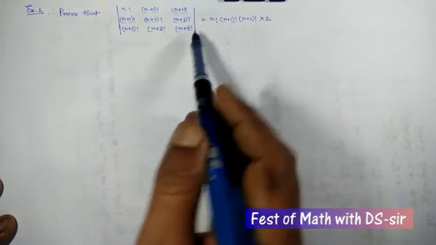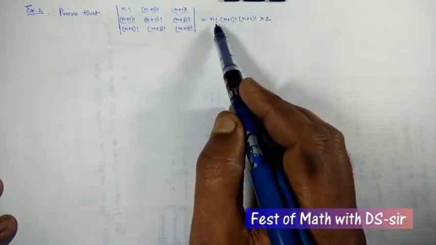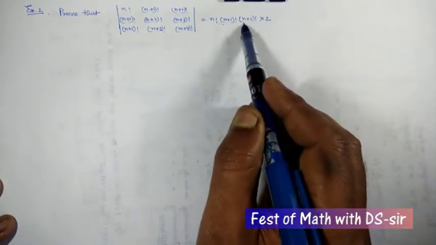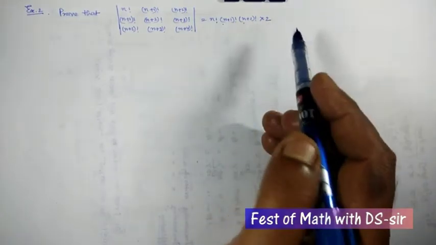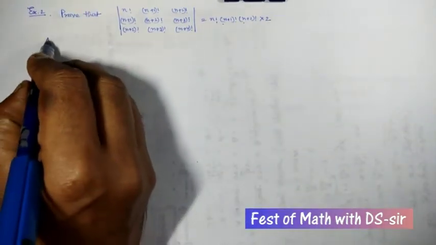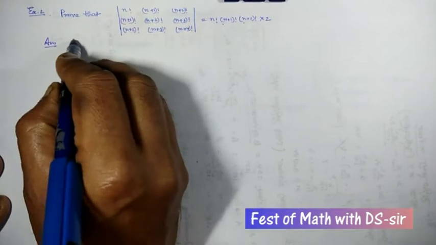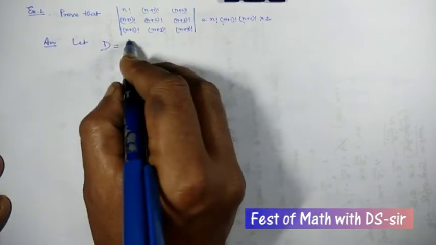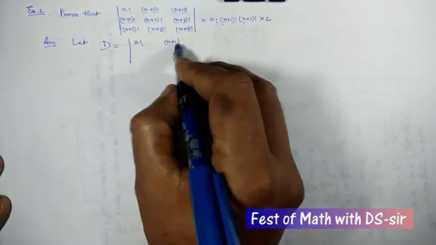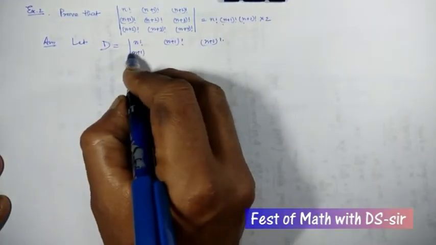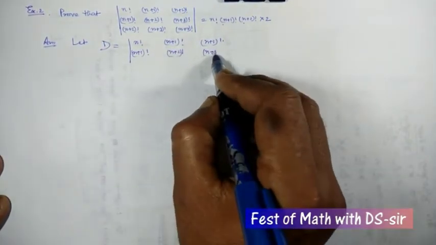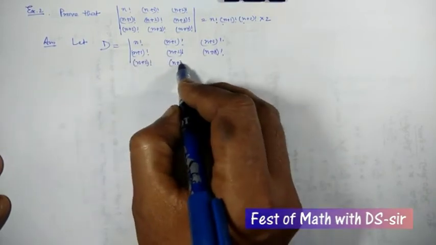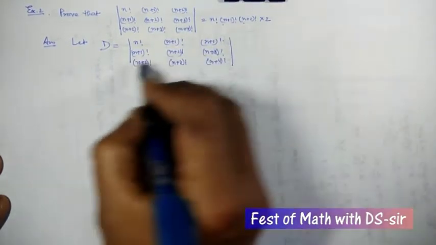the value of this determinant is n factorial into n plus 1 factorial into n plus 2 factorial into 2. Answer. Let D be equal to this determinant.